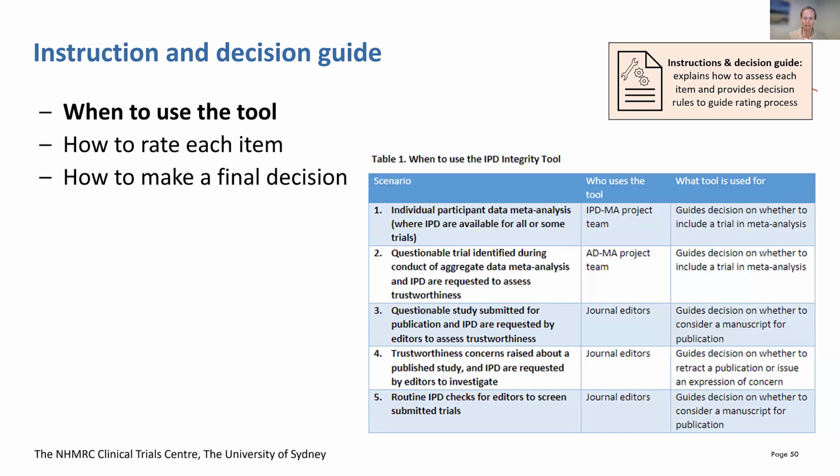Whether or not that's provided is another question, but that's another way you can delve deeper. We've also had a lot of interest from journal editors and publishers who are quite concerned about publishing these studies. They could use the tool at the submission stage, or also if there's a publication that people have flagged as potentially problematic. So there are some of the uses.